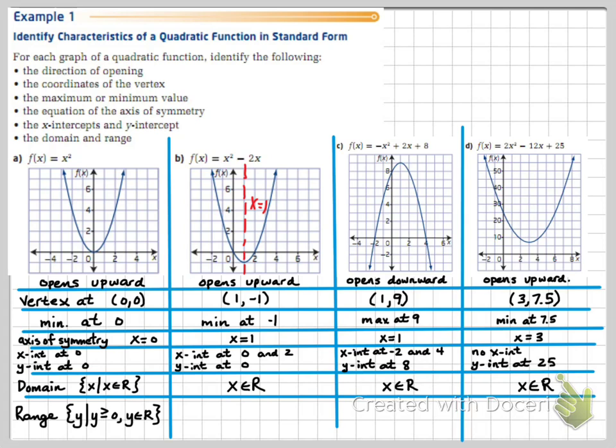For the second, y has to be greater than or equal to negative 1. In the third graph, y is now going to be less than or equal to 9. And in the last graph, y has to be greater than or equal to 7.5.